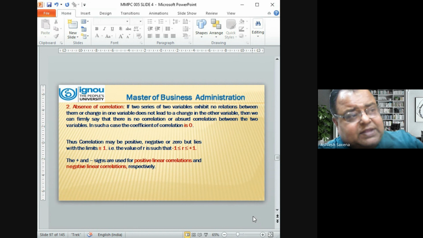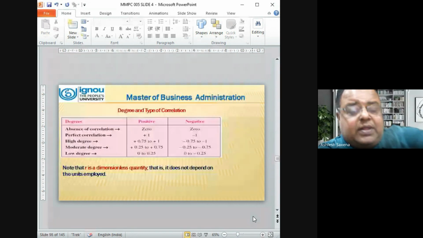The plus and minus signs are used when we are talking in mathematical terms.